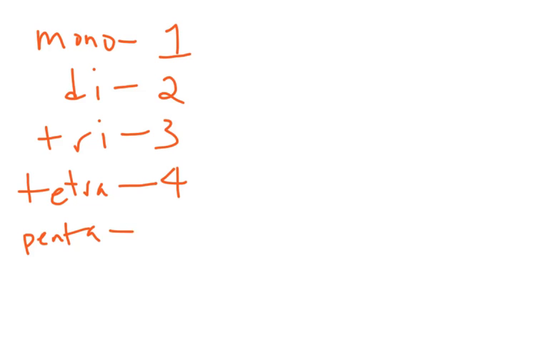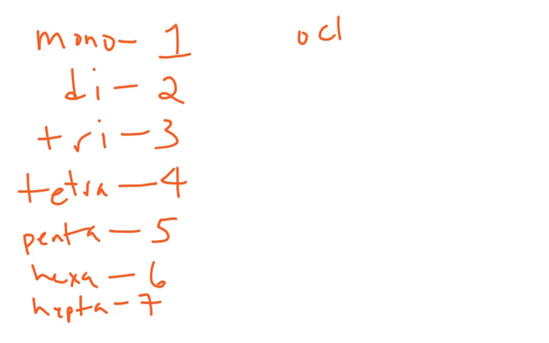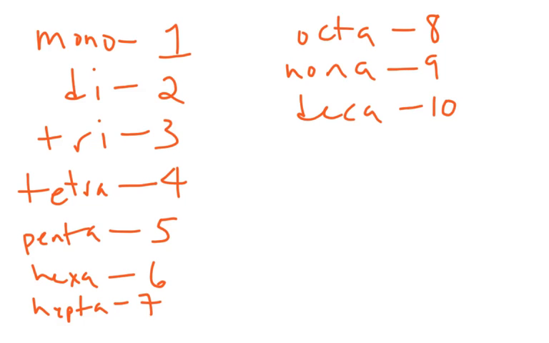Penta denotes 5. Hexa 6. Hepta 7. Octa 8, nona is 9, and finally deca is 10. These prefixes actually keep on going up, but in this class all you need to know is 1 through 10, mono through deca.